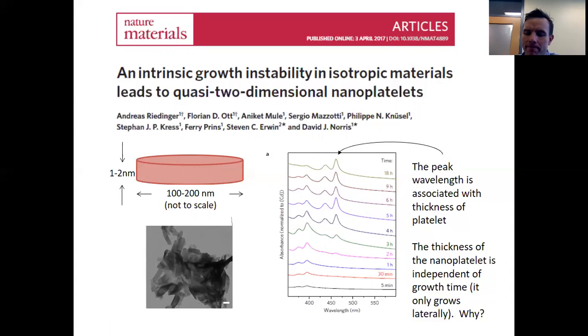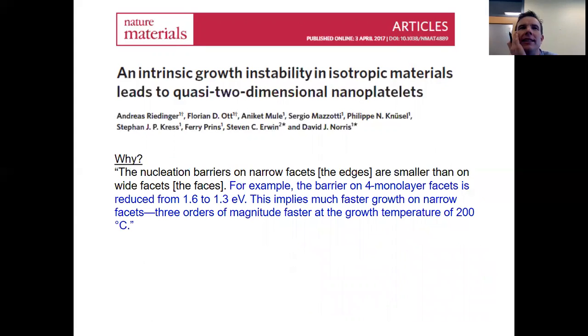So why? And they did a bunch of experiments to figure this out, but I'll just cut to the chase. They say the nucleation barriers on the narrow facets, that is the edges, are smaller than on the wide facets, that is the faces.